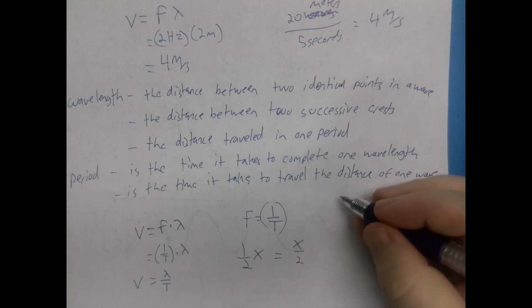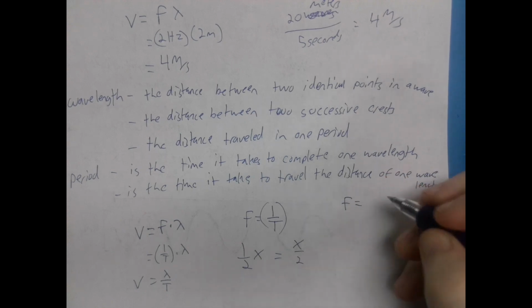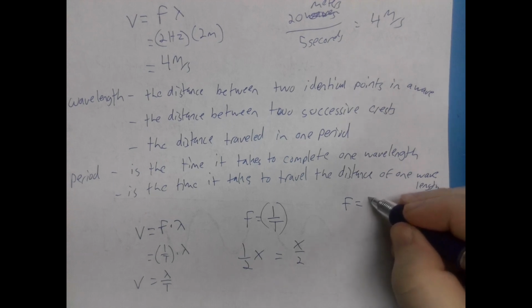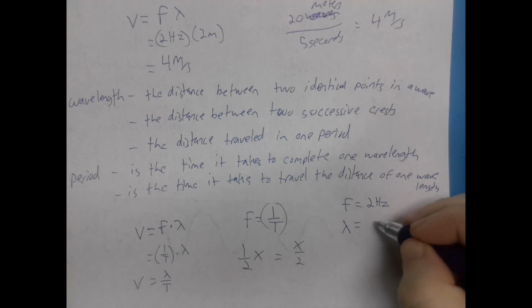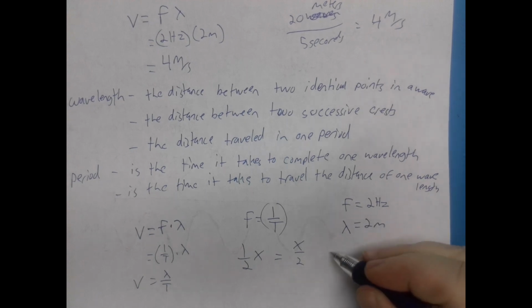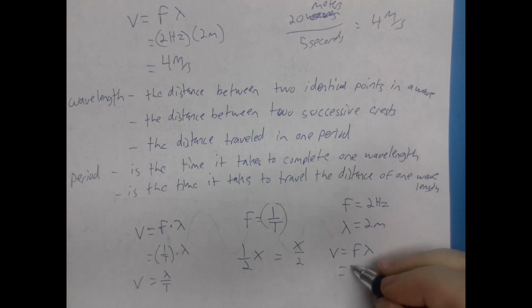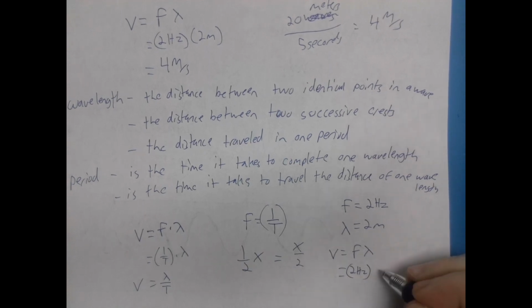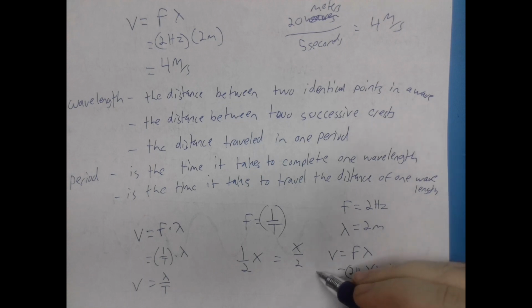So let's say that the frequency, and let's make up a number, is 2 hertz. Let's say that the wavelength is 2 meters. So that would be 2 hertz times 2 meters, which gives us a speed of 4 meters per second, right?